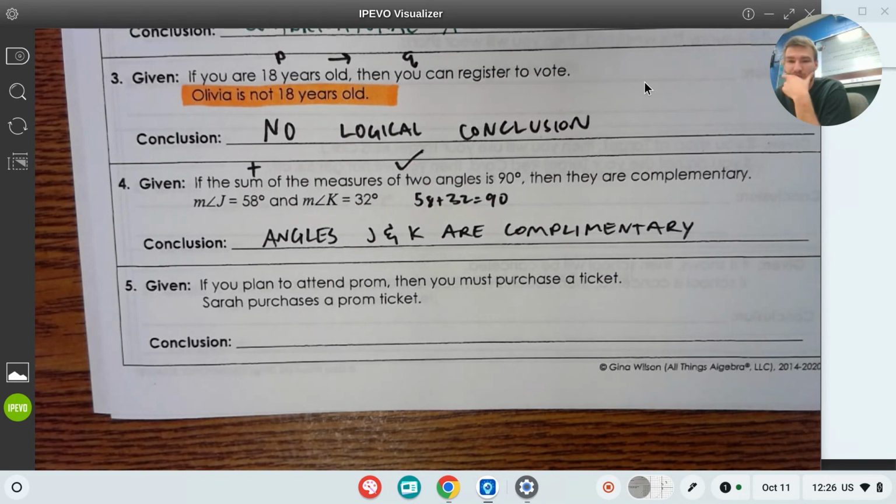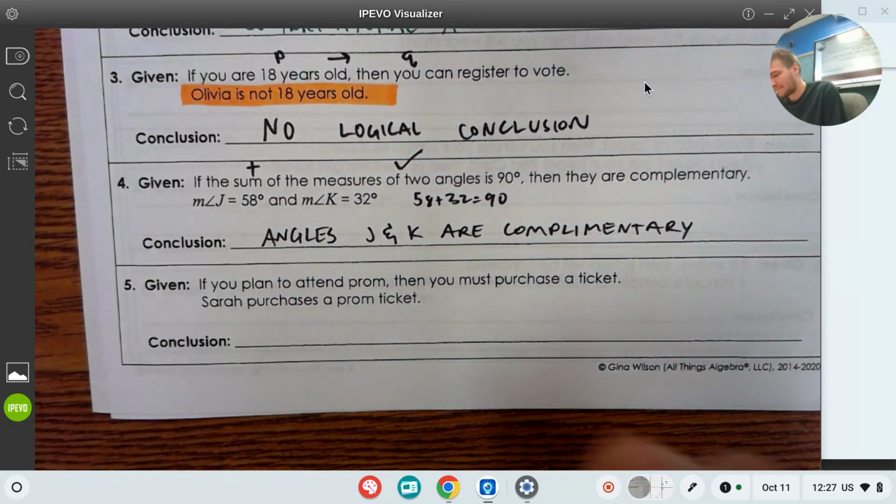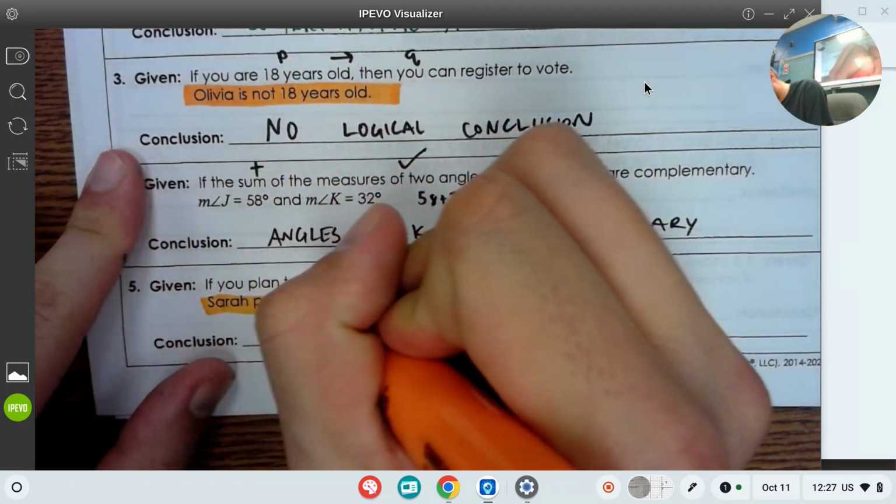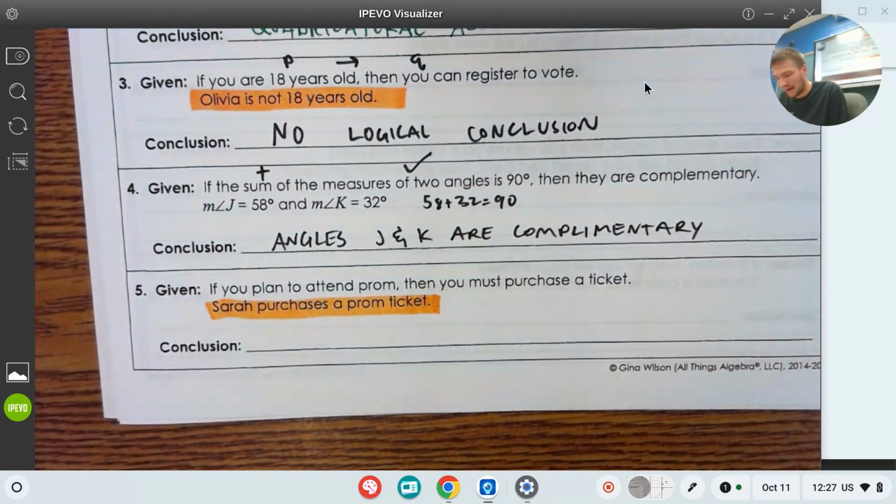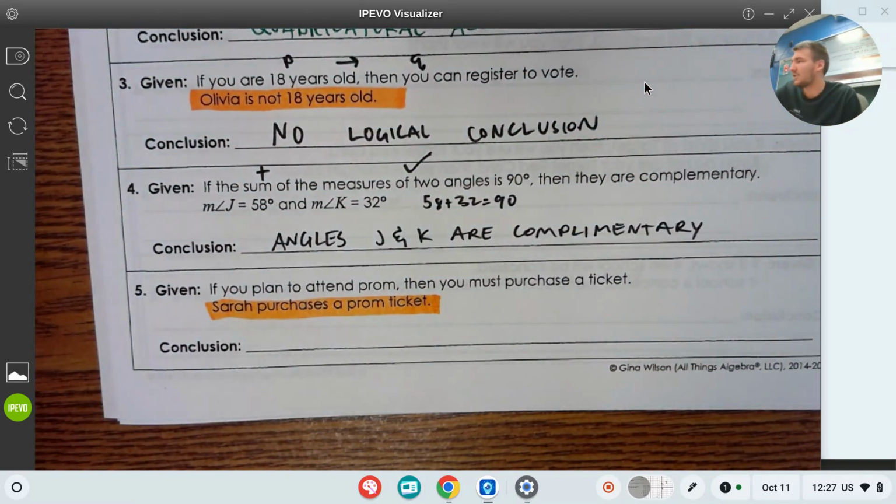Sarah purchased a prom ticket. She did, right. So, does that start our P implies Q statement, right? Does this part at the end here validate the first piece, the hypothesis? Correct. It does not. You're right.